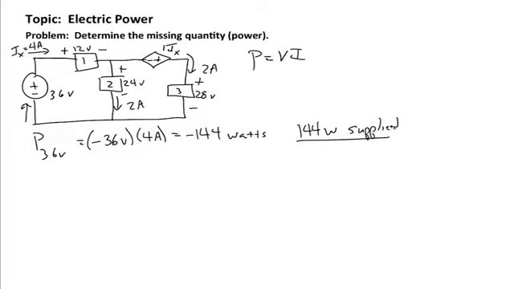If we look next at element 1, which is on the upper left-hand side of the circuit, and try to determine what the power P sub 1 is, using the same approach, the positive 4 amps is flowing into element 1, which has 12 volts plus to minus left to right across that element.